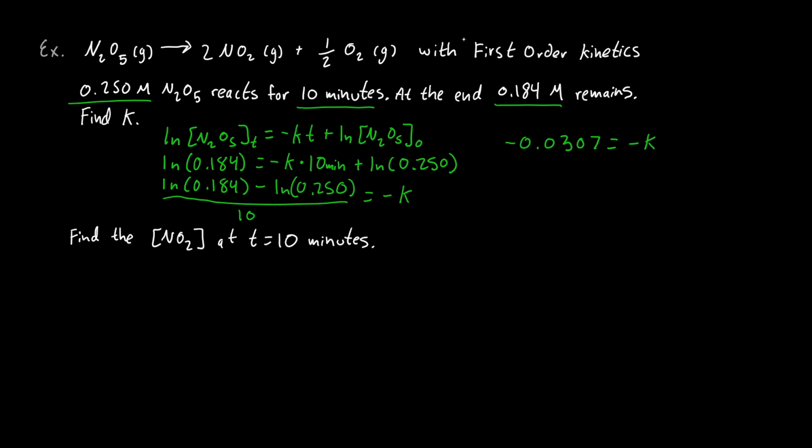And our negative signs will cancel out, so k is equal to 0.0307. And for our units here, we have minutes for our time, so our units will be minutes to the negative first.